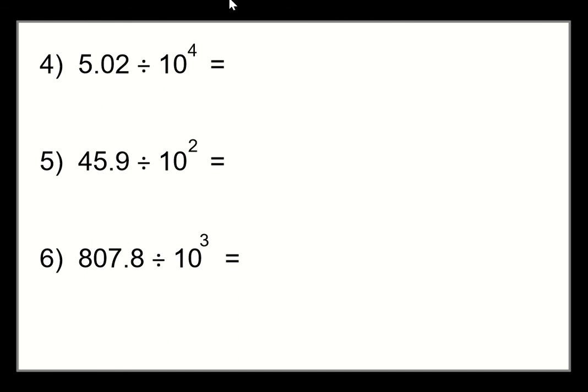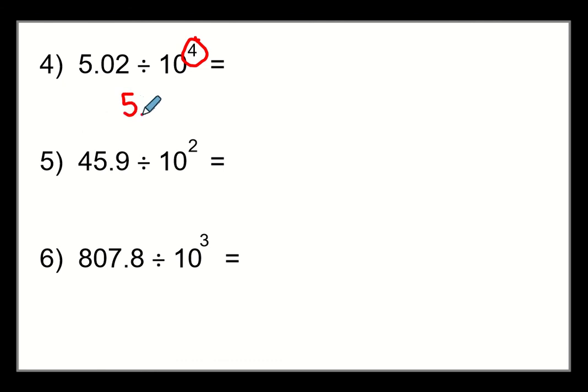In this case, I always believe in working smart, not hard. So I'm going to note that I've got 10 to the fourth power here, and since I've got 5 and 2/100ths, that informs me that I need to move my decimal over 4 places to the left.